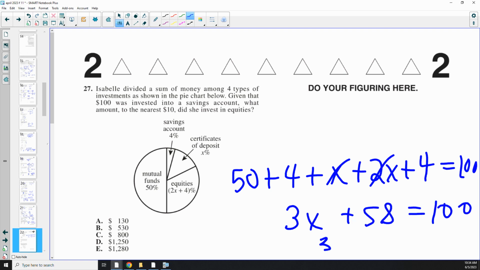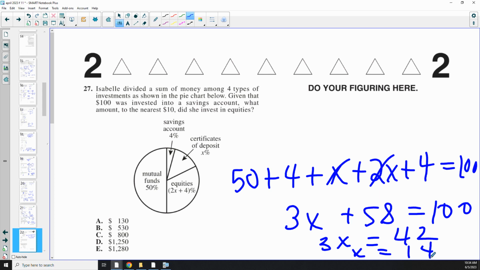So 3x is 42. Divide by 3, and x is 14%. And now the 14 is x, and that would make for 100%.